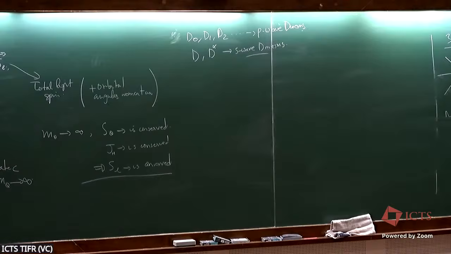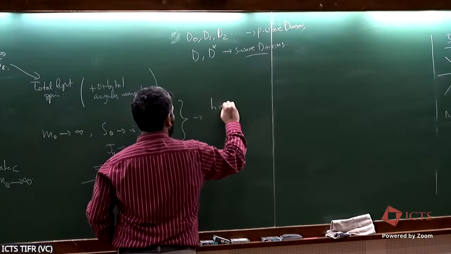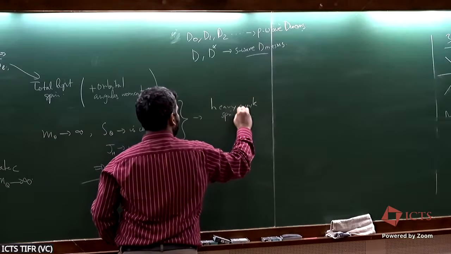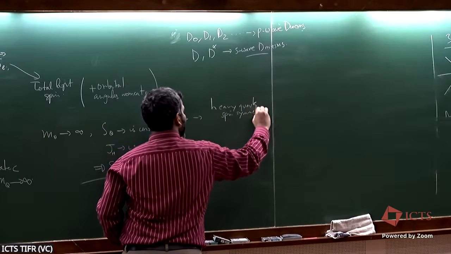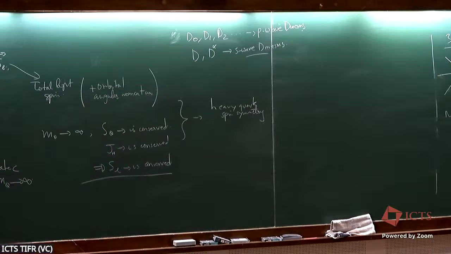We'll see that the Lagrangian basically gives this, and this is known as the heavy quark spin symmetry. And this has profound implications for D mesons and B mesons. This basically tells you that up to order 1 by MQ corrections, D and B are the same.